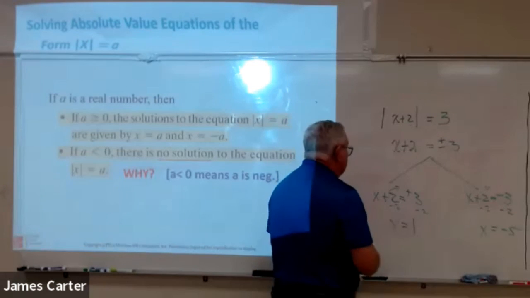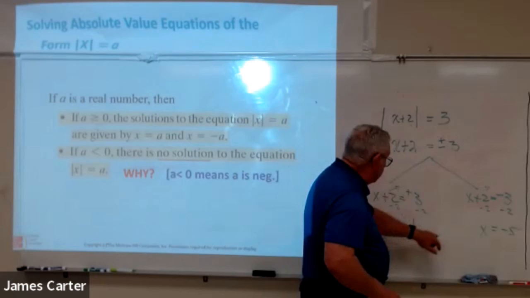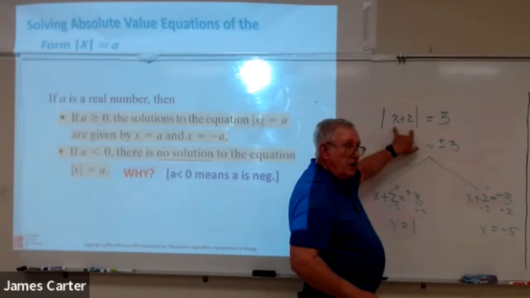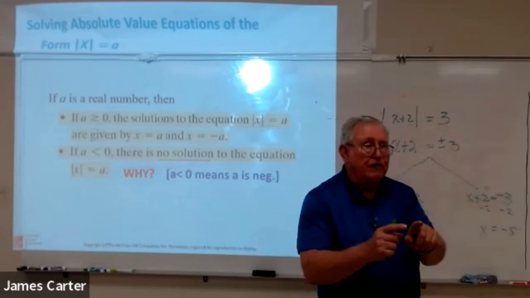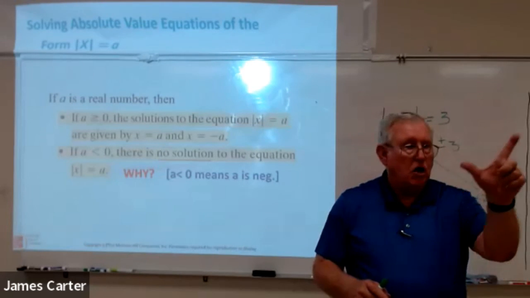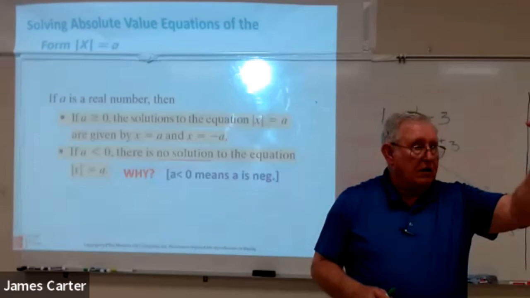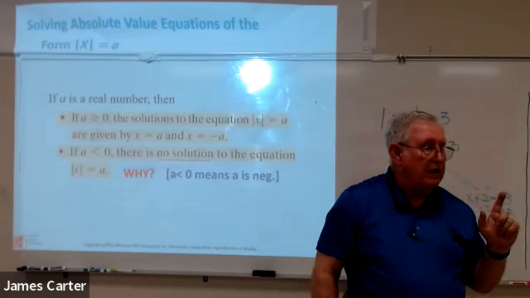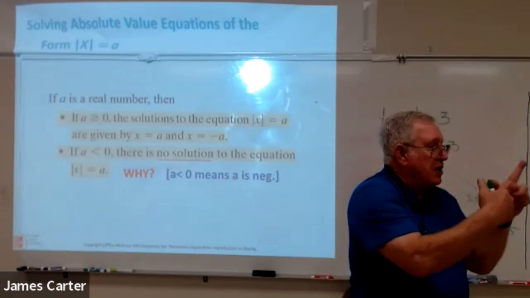There are 2 possible answers because of this absolute value. Later on, you're going to find that the graph of an absolute value is always a V, one for the positive leg and one for the negative leg.